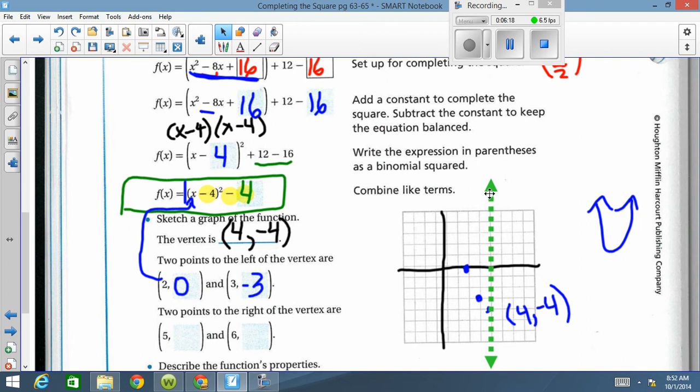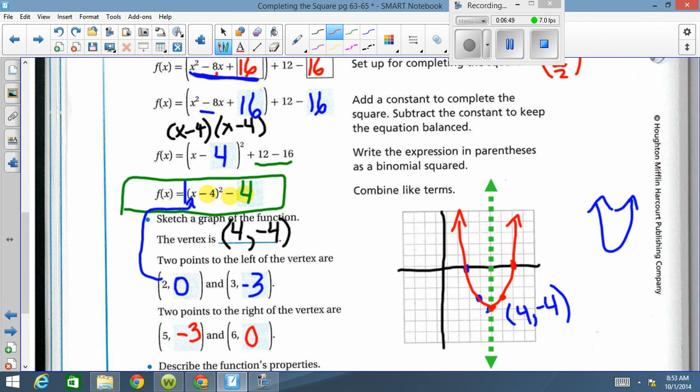And those points are just going to reflect. Since 3 is 1 unit to the left of 4, 5 is 1 unit to the right of 4, so this is going to be 5, negative 3, and then we're going to have 6, 0. I can figure those without even plugging those back in. So there's my parabola.